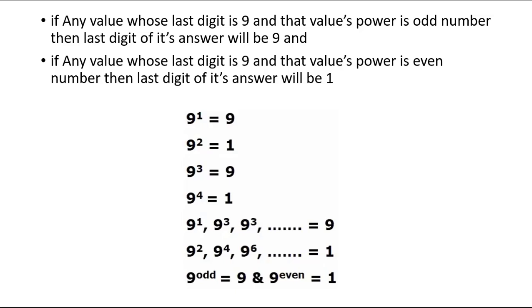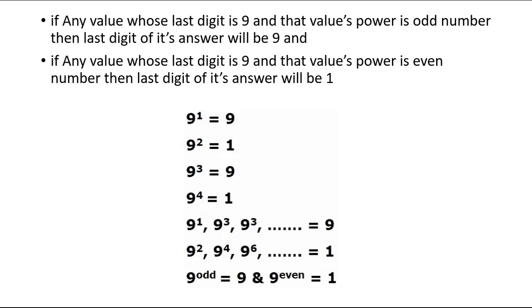So here there are a total of two things on which we need to focus. What are those? We need to check what the last digit of the base is. If it is 9, then we will check whether that value's power is an odd number or an even number.